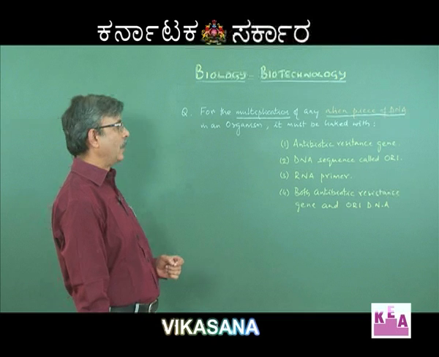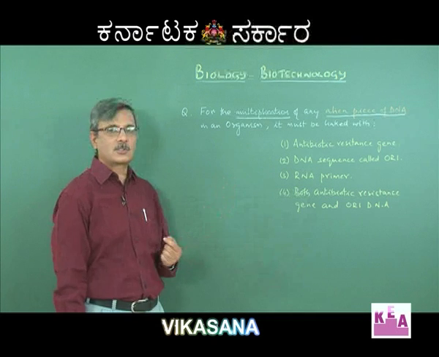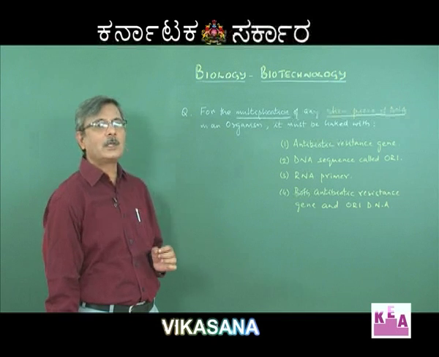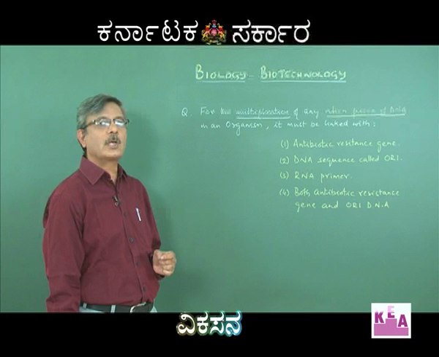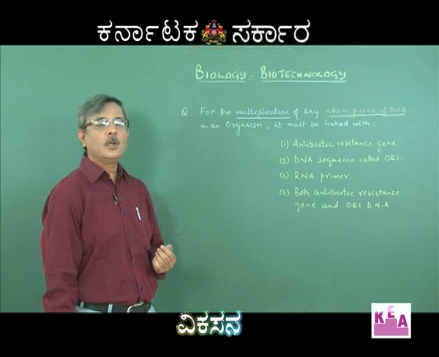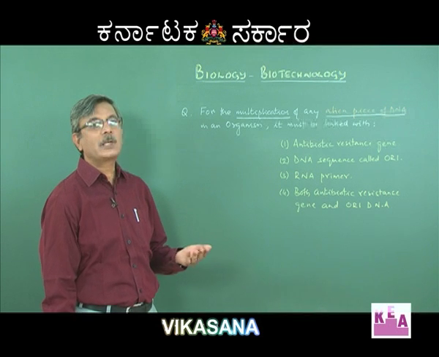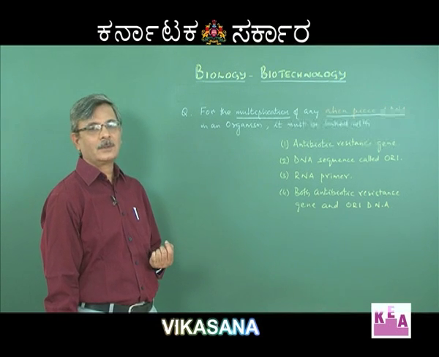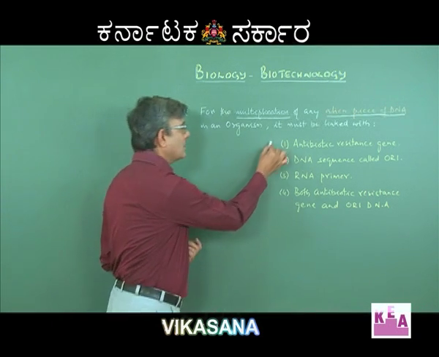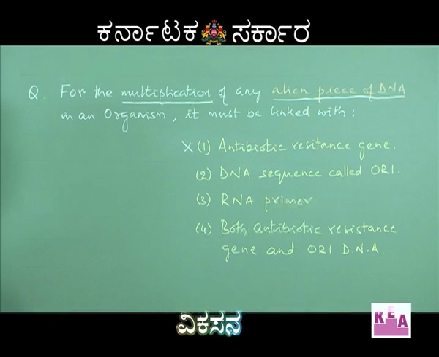So what is required? Antibiotic resistance gene. Remember, antibiotic resistance gene is going to be used as a gene marker to know whether the bacterium into which I have put the gene has taken it or not. So thereby this is not the answer. It is used as a gene marker.